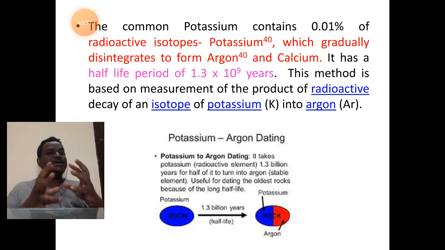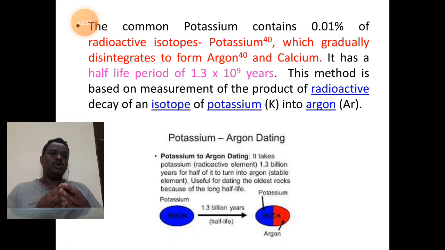This kind of potassium-40 radioactive isotope is present at just 0.01% in nature. The half-life of potassium in this potassium-argon dating is 1.3 x 10^9 years.